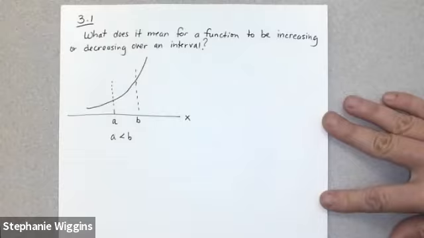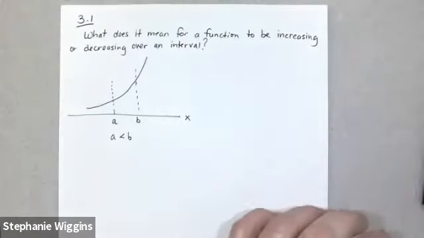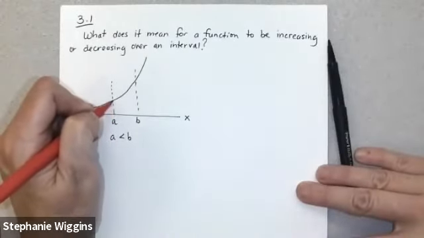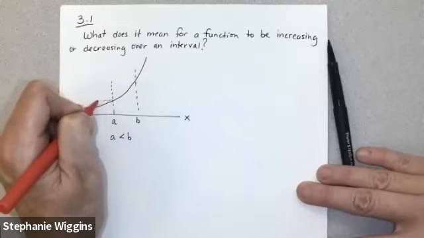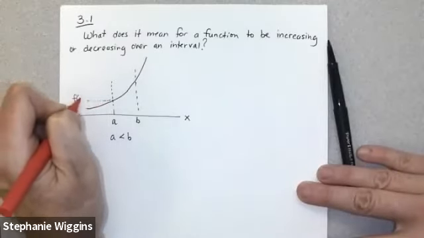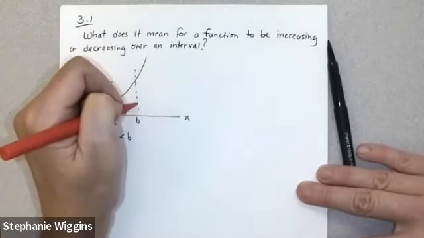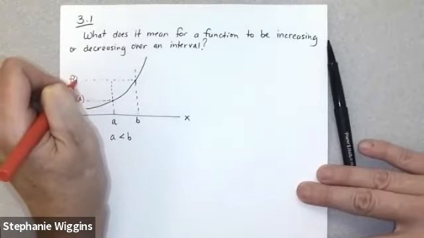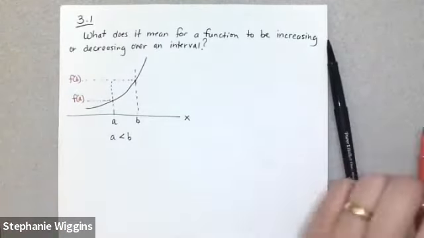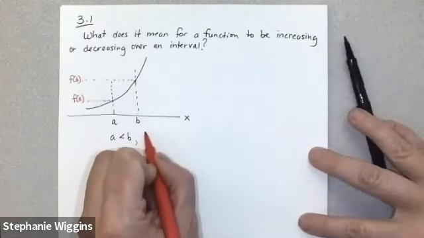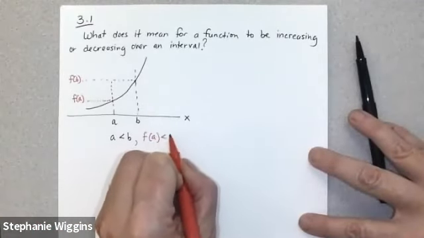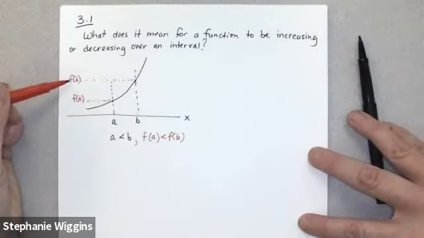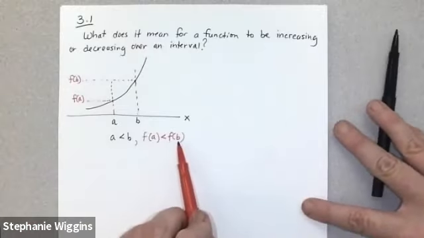Similarly, if I put A into my function, there's a corresponding y value that goes with that A called f of A, and then there's a corresponding y value that goes with B called f of B, okay? And notice that f of A is less than f of B because it's below f of B.